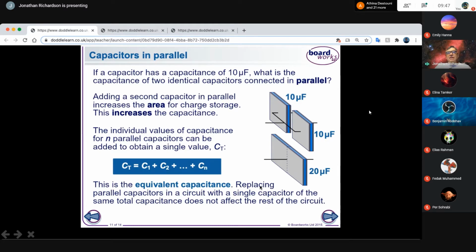Replacing parallel capacitors with a single capacitor doesn't affect the rest of the circuit. The only thing is that capacitors connected in parallel might be doing different jobs, and we'll talk about that when we get on to the applications in the next part.